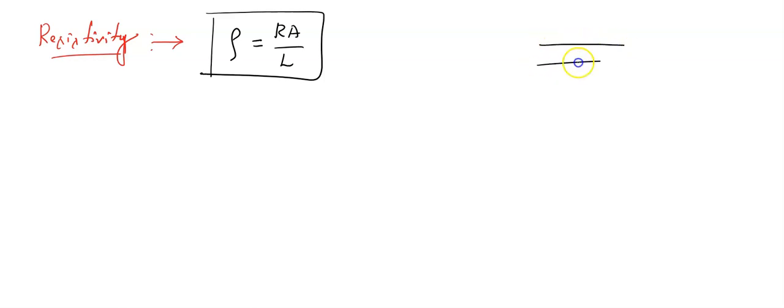As we can see here, this is the conductor. Usually we connect the conductor to a battery source, and some switch will be there. If we pass the electric current, the current will start flowing through this conductor, right? Now, what is resistance? If you pass the current, a certain force will be generated that opposes the current flowing through this.